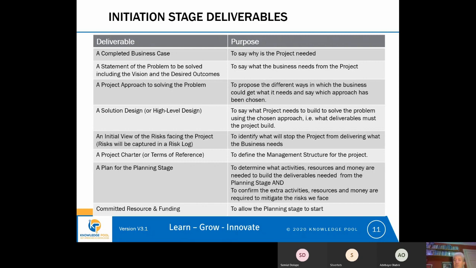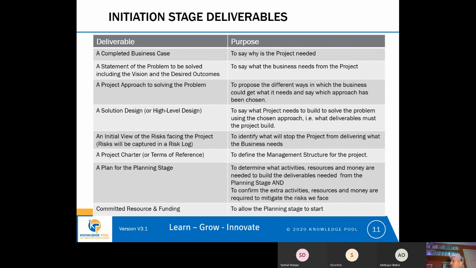The project charter would say something like, the design group can agree changes to the design, providing the cost is less than X and the time that it will take to make the change is less than X. So it will give some parameters that allow any decision-making forum to understand whether they're going to make a decision that they're allowed to, or if they're not allowed to, where they can take that question.